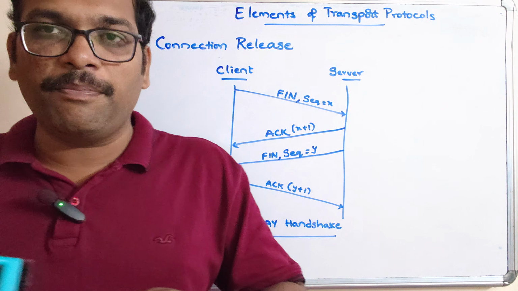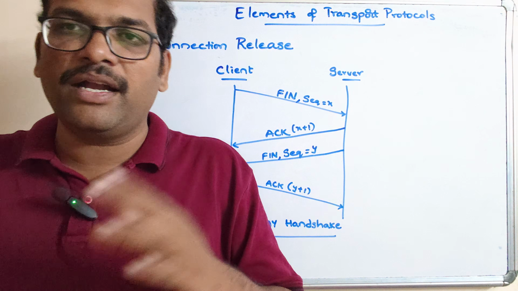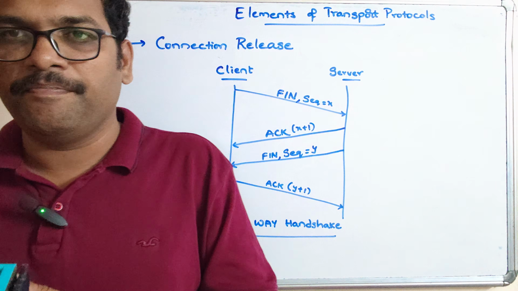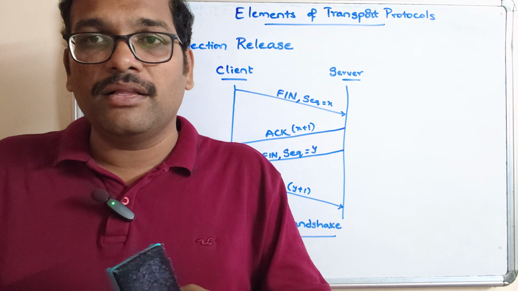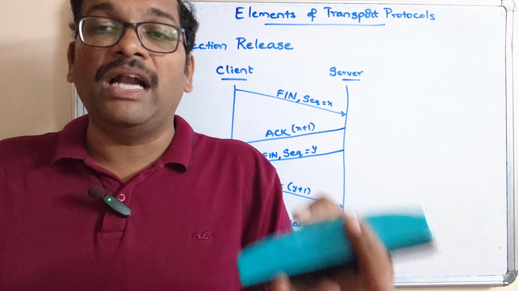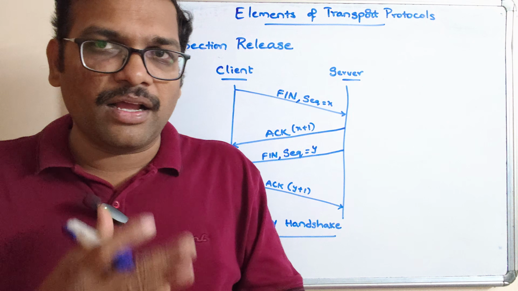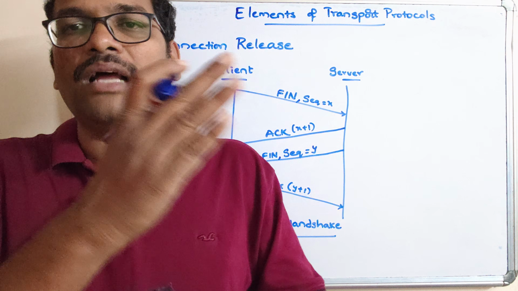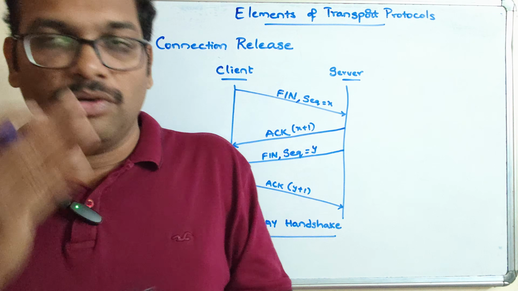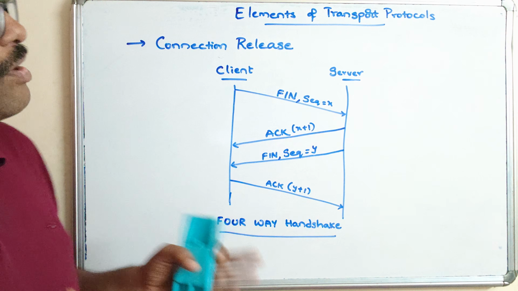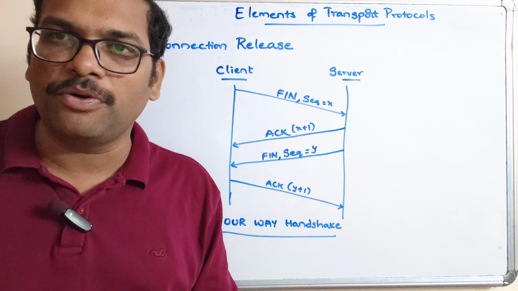So email sharing one data and WhatsApp sharing another data, right? So that is called multiplexing. So accepting the multiple inputs from multiple applications, and making sure that the correct data is sent to the correct application. So these are all the elements of transport protocols.